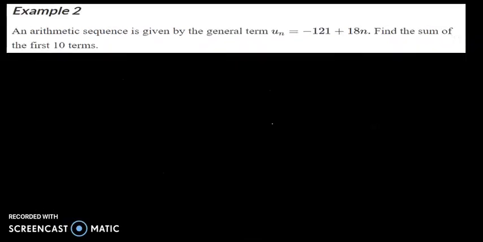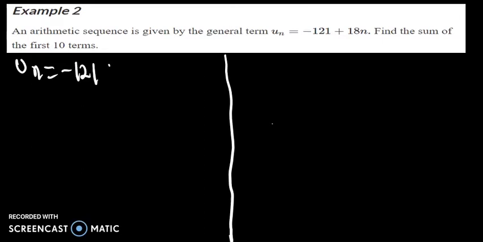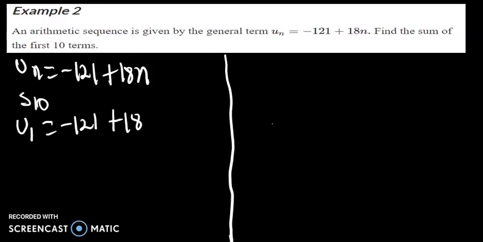For the second example, we know Un is equal to 1 plus 80n, and we're supposed to find the sum of the first 10 terms. And in order to find this, you need to find U1 first. To find U1, you simply need to substitute 1 for n.